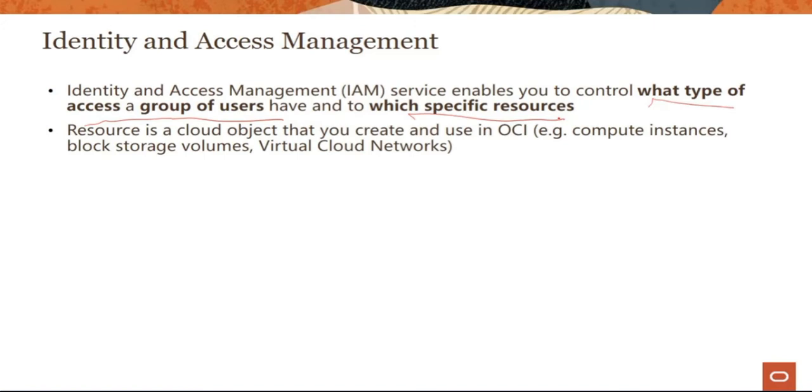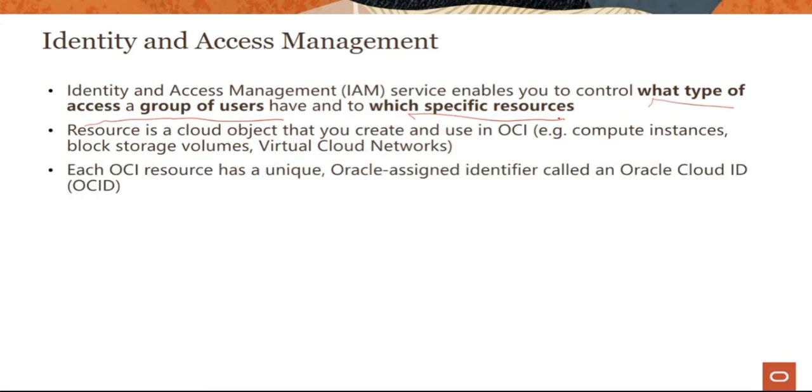Now let's look into some of these terminologies. A resource is a cloud object that you create and use in Oracle Cloud Infrastructure. So compute instances, block storage volumes, virtual cloud networks, each of them is represented as a resource, as a cloud object.